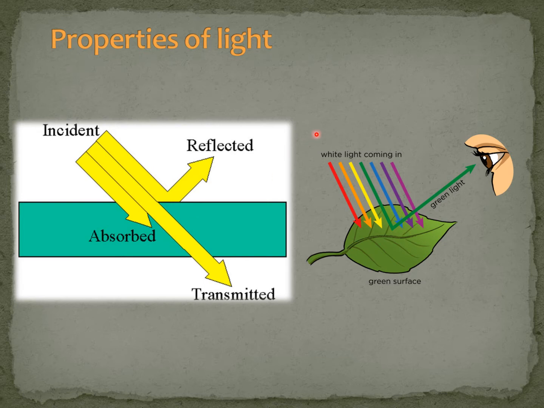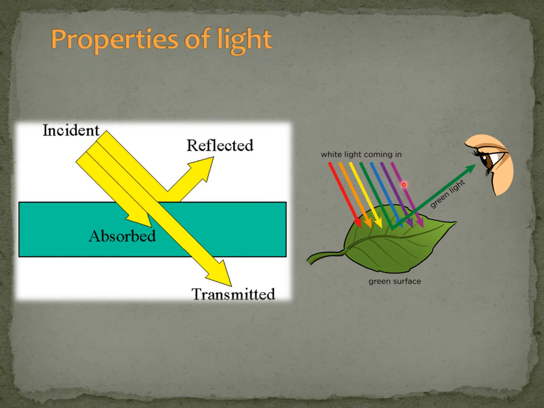And white light, light from the sun, as you are also aware, has the 7 colors of the rainbow. When the incident light hits an object, in this case a leaf, our perception of the color of the object is the wavelengths that are reflected.